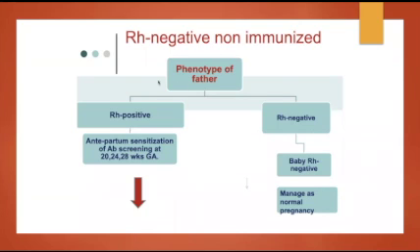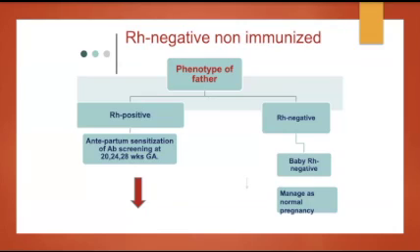But if the father's phenotype is Rh positive and the mother is Rh negative, there is a 50% chance if the father is heterozygous, up to 100% if the father is homozygous, that the fetus will inherit one copy of the Rh gene, and therefore Rh alloimmunization may occur during pregnancy.